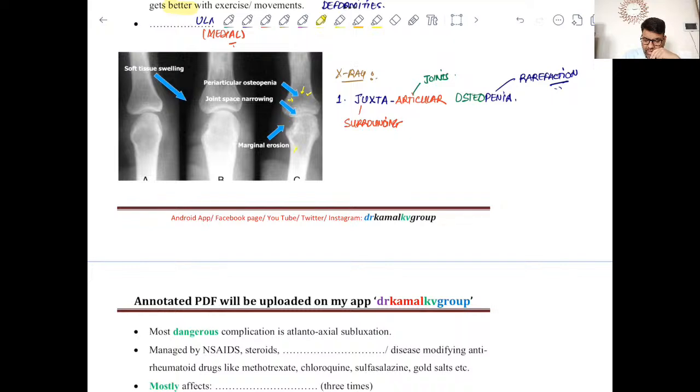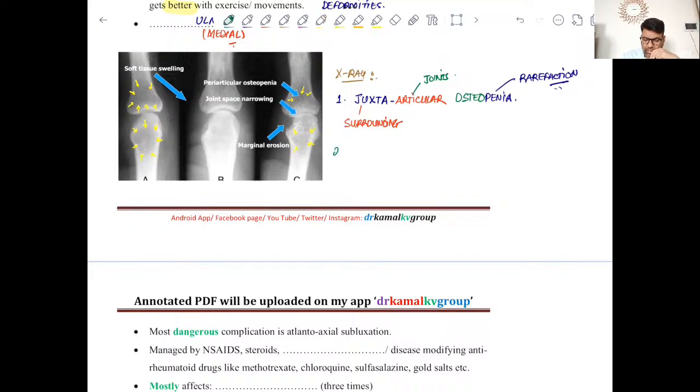These black shadows are all osteopenic areas. It means because of inflammatory pathology, there is excess resorption of calcium, okay. So this black shadow is all juxta-articular osteopenia. Fine. So this is one important thing.